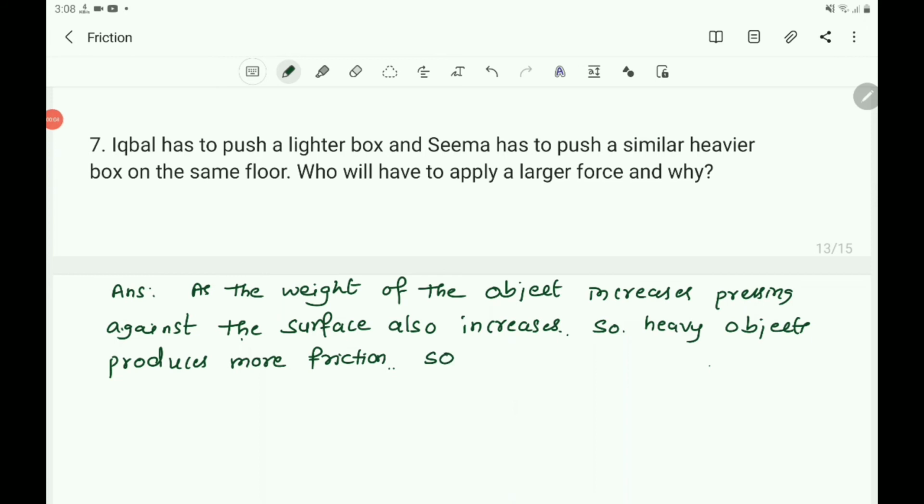So Seema will have to apply a larger force.